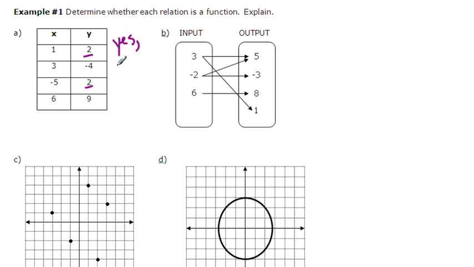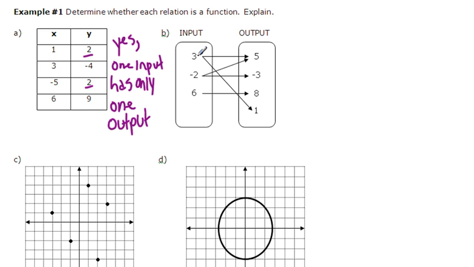And how I would explain is that one input has only one output. So the input is my x, the output is my y. So one x value has only one y value. So if I look at the mapping, what this is saying is that 3 goes to 5. 3 also goes to 1.